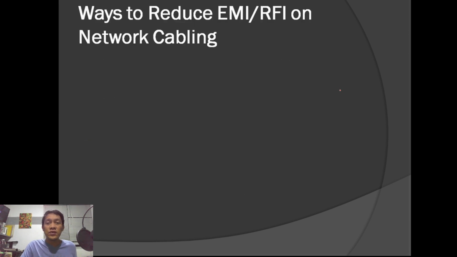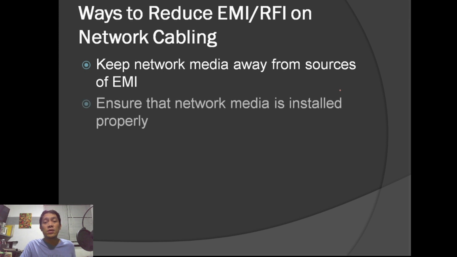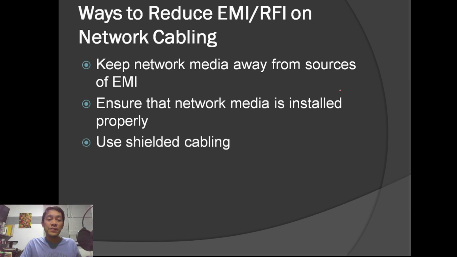So ways to reduce EMI or RFI in network cabling. So keep network media away from sources of EMI. So always remember, install cables away from those sources. So ensure that network media is installed properly. Use shielded cabling. So you can use shielded cabling.